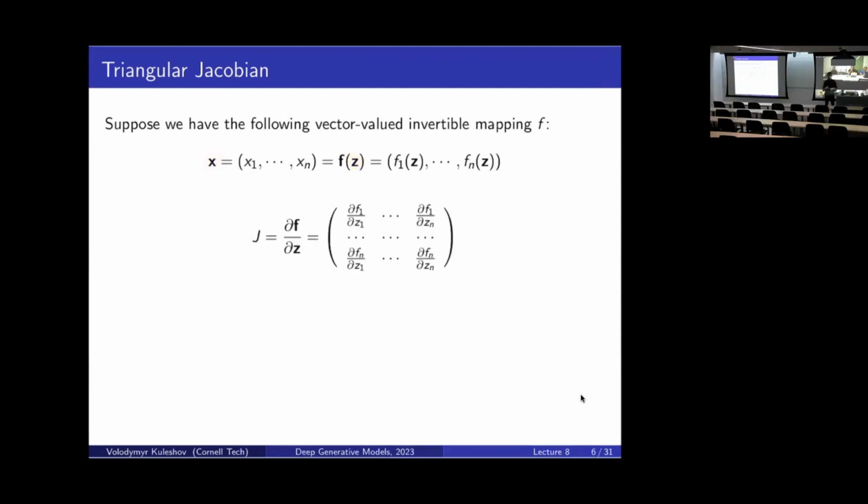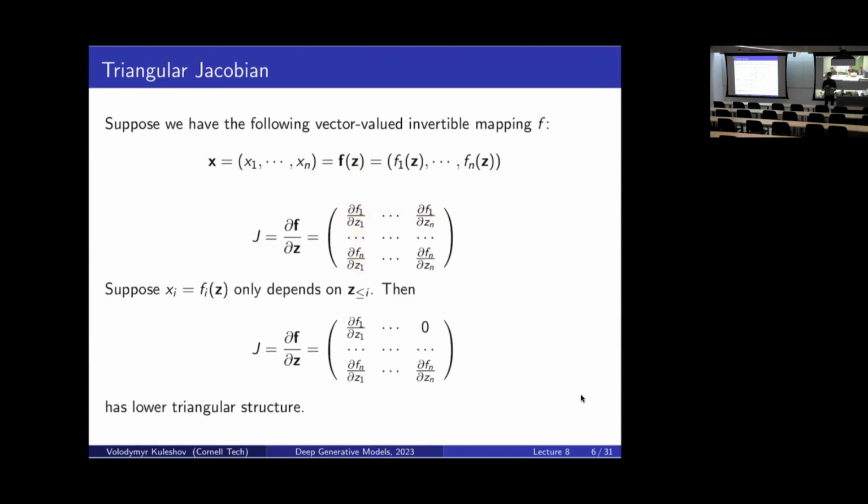And this is the general form of the Jacobian. So it's a matrix. Here the rows are the different outputs of F. The columns are the inputs, and it's the matrix of all the partial derivatives.